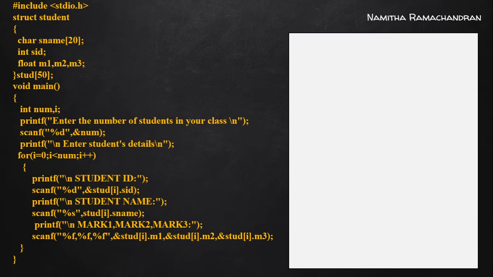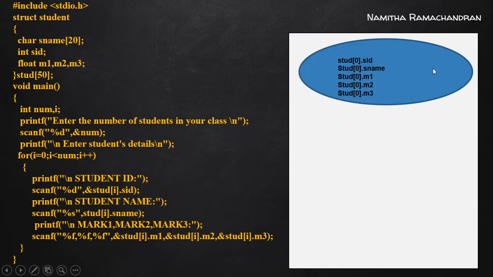What is the meaning of that? That means while declaring various structure variables, it performs memory allocation for the first student, that is stud of 0. For that particular student, we need memory allocation for its identity, for its name, and for storing marks for three different subjects.